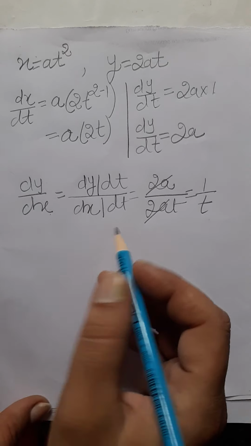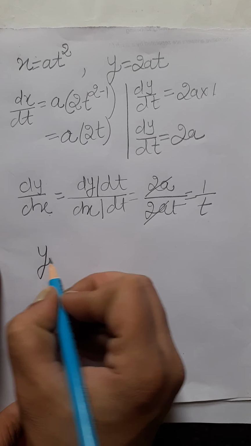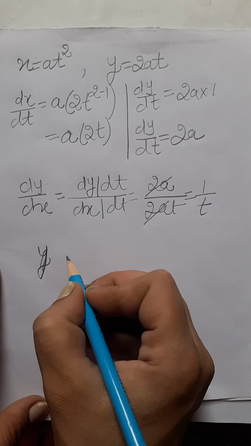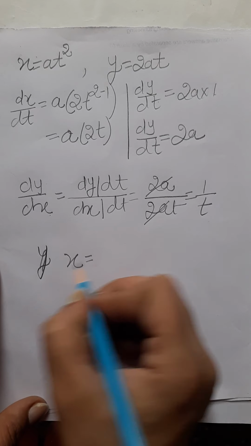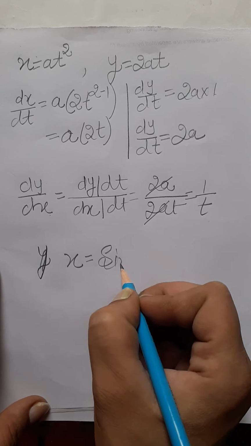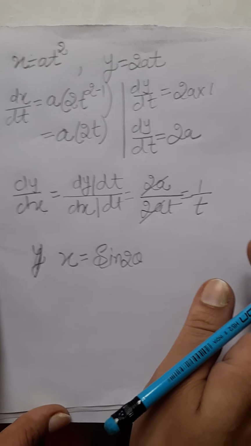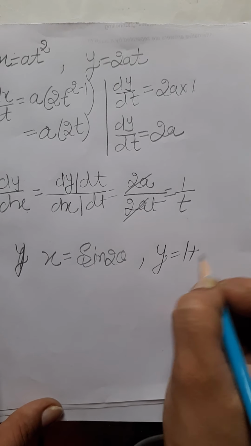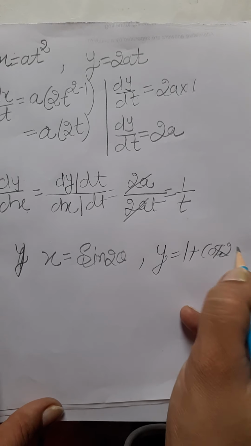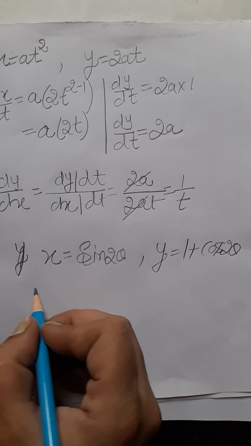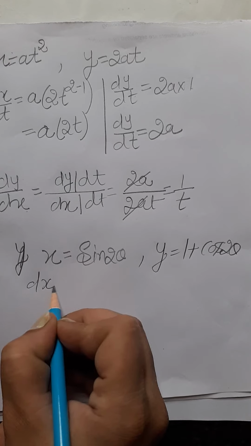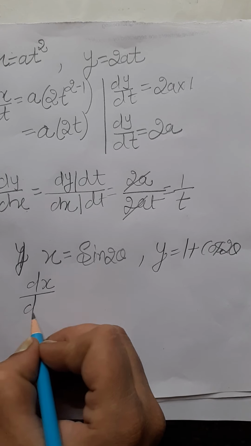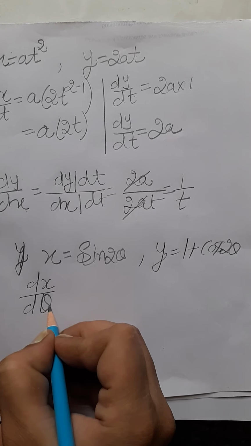Now, if you take this function in this form, for example, x = sin 2θ and y = 1 + cos 2θ, this is also a parametric function, and you can take the derivative dx/dθ.